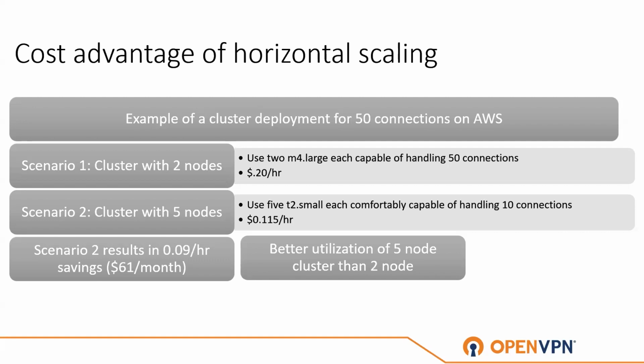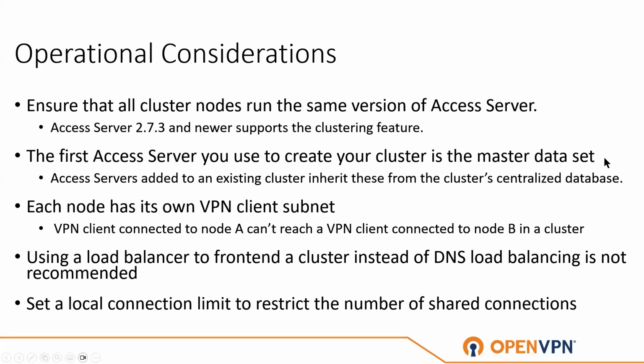So it turns out to be a cost saving of about $60 per month using five servers. And all of these five servers will be better utilized compared to the two servers being used in scenario one. So this is how clustering enables you to also save on your infrastructure costs.